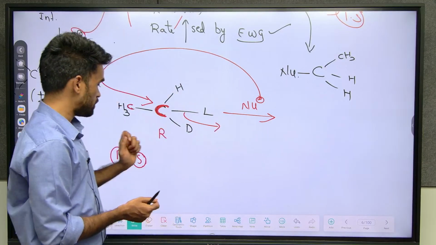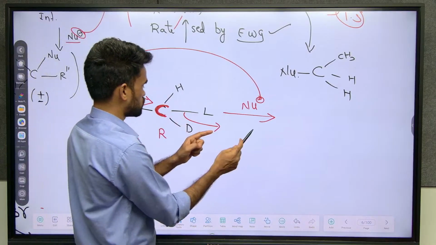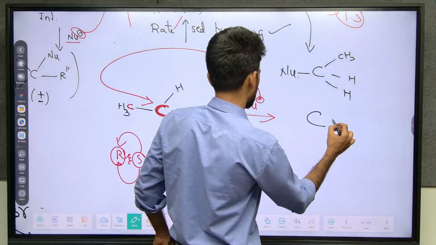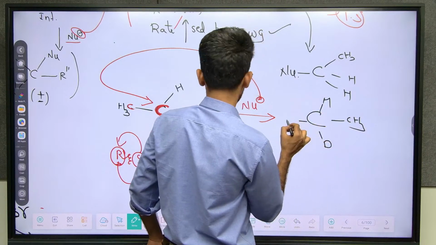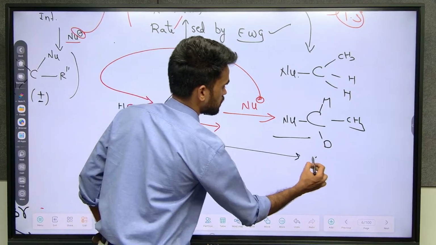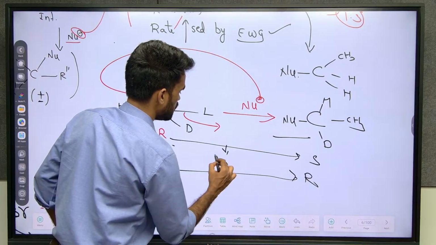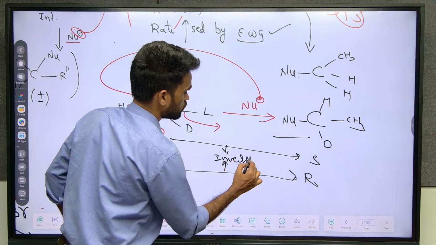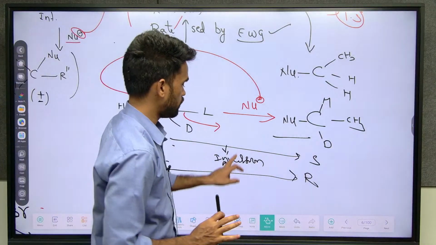Inversion means what? R becomes S, S becomes R. So if it is going out, you are going to see something like this, CH3, H, D, Nu, like this. R becomes S, S becomes R. This is what is called inversion. What is this phenomenon? Inversion of configuration. Fine. Now it is over.